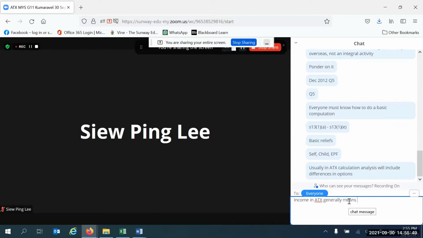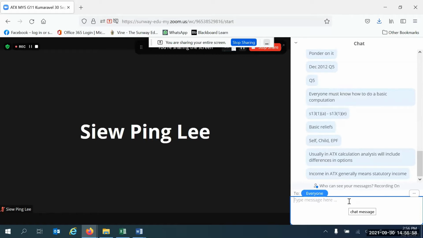Income in ATX generally means statutory income, unless they tell you gross. If she's kind enough, she can put statutory, but she doesn't want to. So you must also explain about the deductions. Remember what is statutory income?